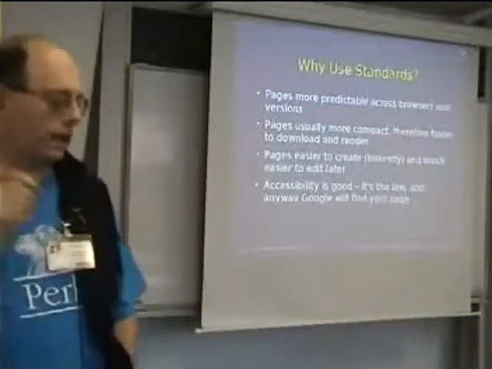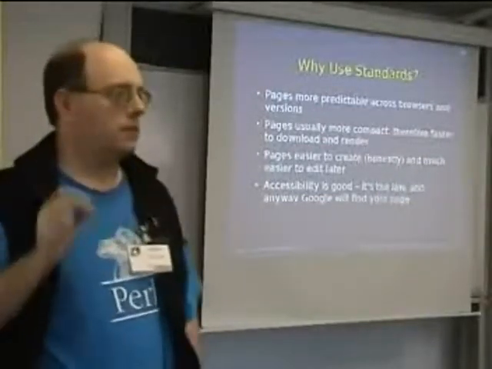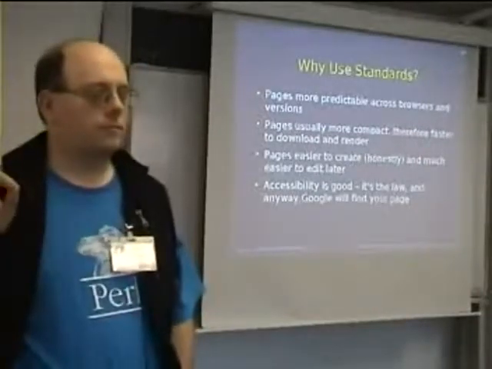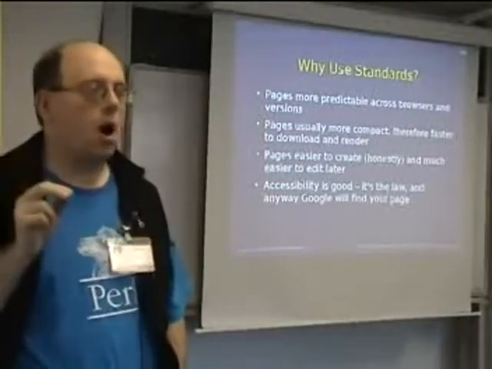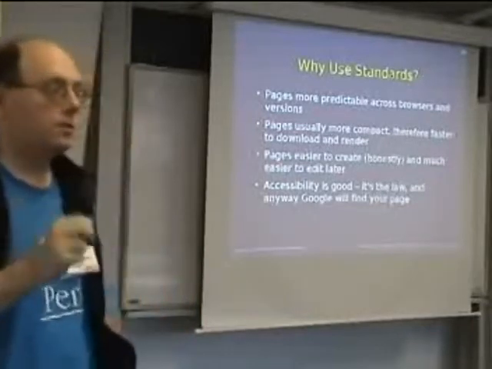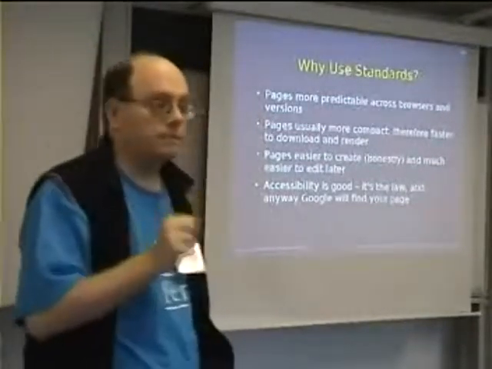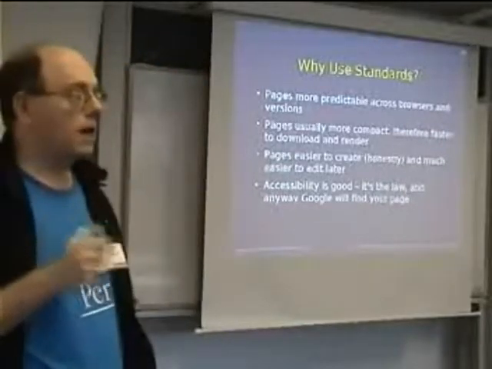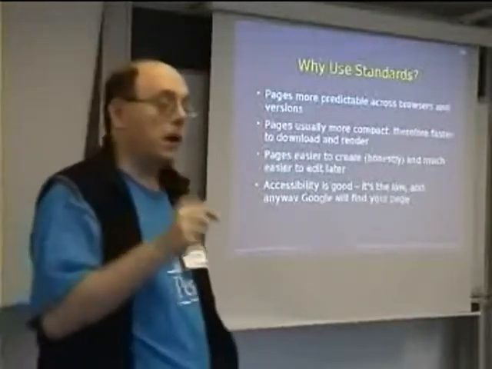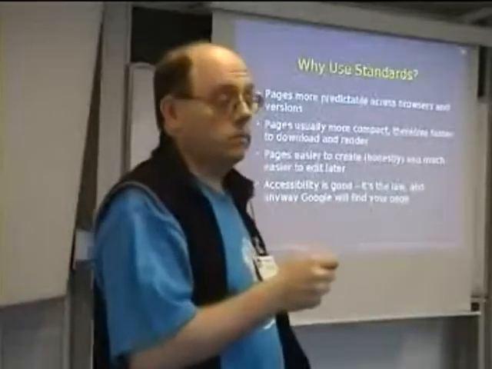If you write clean, modern XHTML with style sheets, your web page can be half or a quarter of the size of a typical web page created by Dreamweaver. Easily. If you're someone like Google or Yahoo who pays for your internet connection by the byte, that's very important.